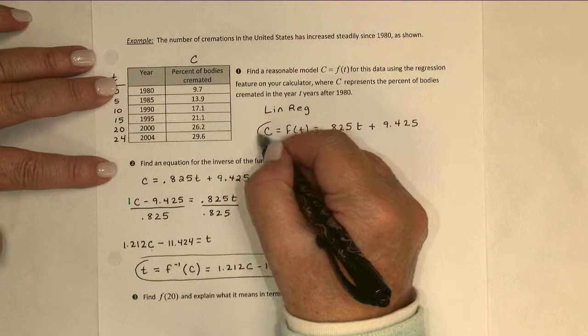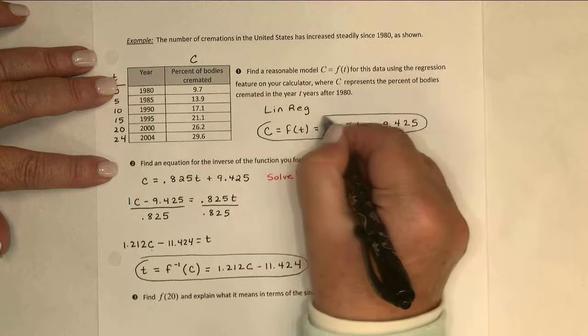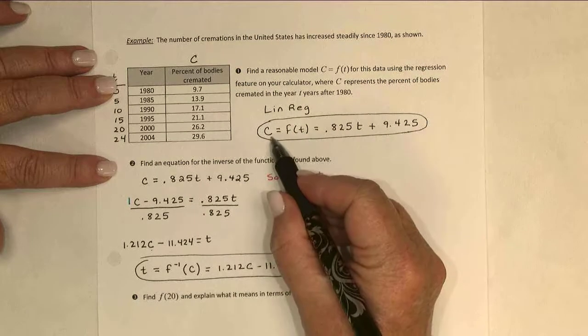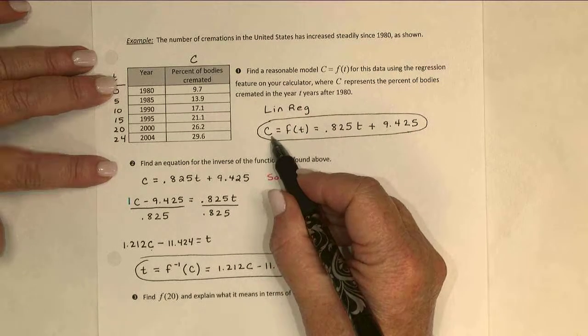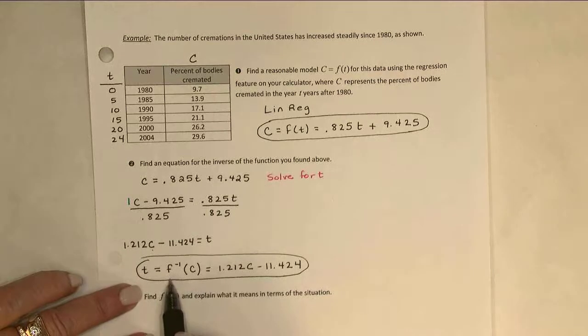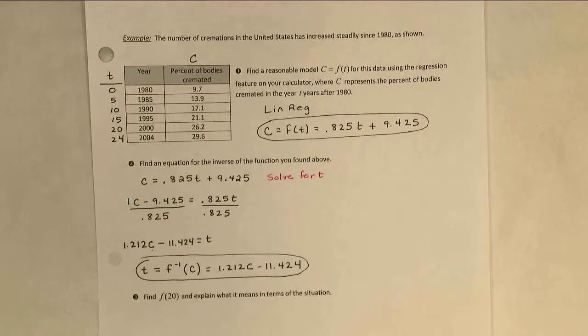So I've got the original function, input T, output C, and then I've got the inverse function, input C, output T. So ultimately, again, the roles of C and T have changed, even though I didn't actually swap the variables.